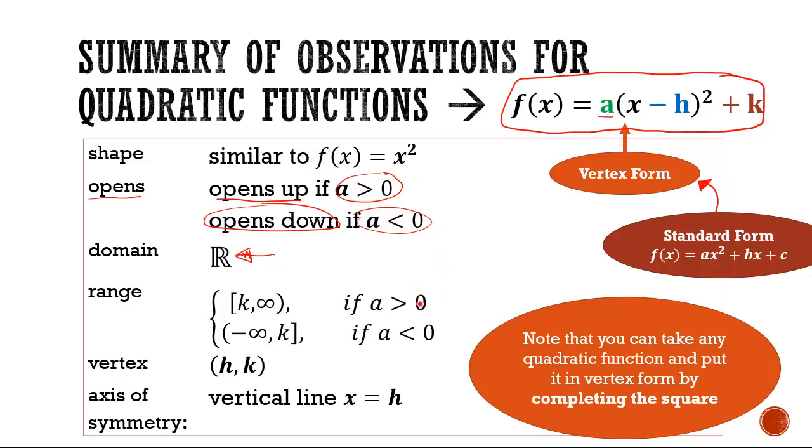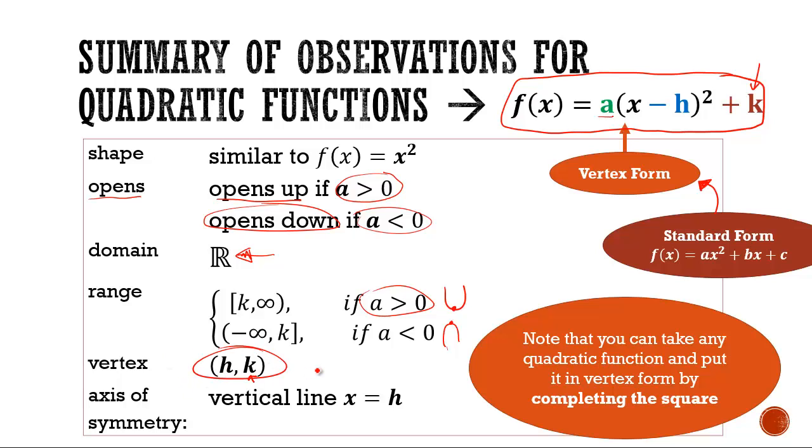If it's opening up, then the range is from your vertex value, the y value of the vertex, and up. Whereas if it's pointing down, it's everything up to and including the k value, where the k value is the vertex. Here they're using k, not b, but that's arbitrary.